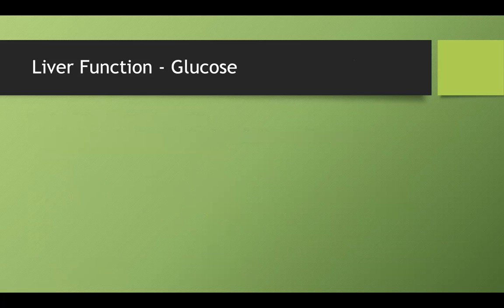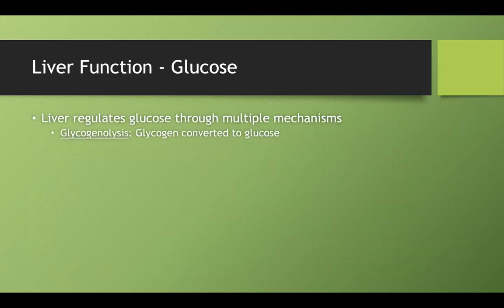It also helps to produce glucose, and the liver can regulate this through two primary mechanisms that I'll go over. You can get it through glycogenolysis, where glycogen is lysed and converted into glucose. So you'll have these large glycogen chains, and they can get broken down into monosaccharides.